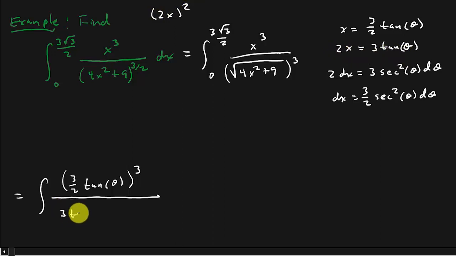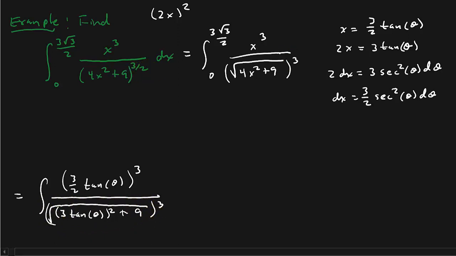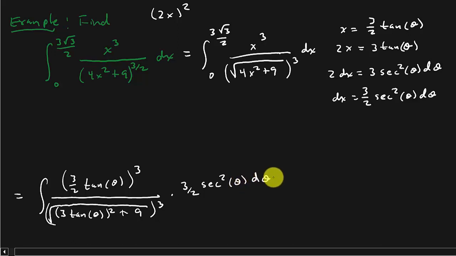So 2x is 3 tangent theta, so 3 tangent theta, but remember, that is squared. You see that? Plus 9, and that's the square root, and it's cubed. All right, it's cubed. And then times what? Times dx. And I forgot to put my dx there. Times dx. So in the place of dx, I'm going to put 3 halves secant squared theta d theta.